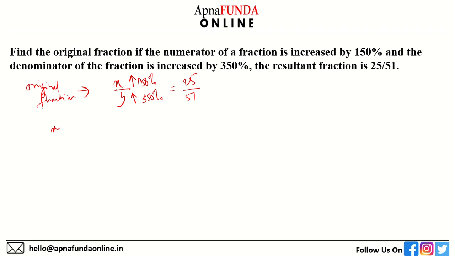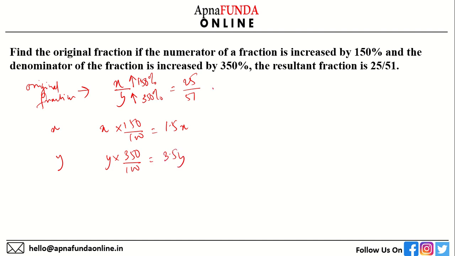So we have x into 150%. So this will be 1.5x. For y into 350% divided by 100, this will become 3.5y.